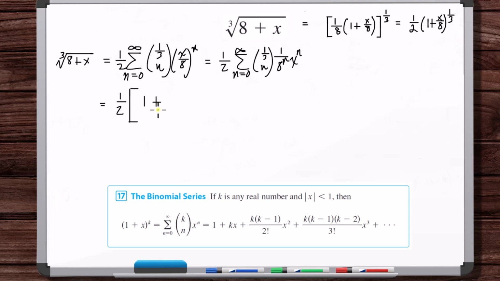Then when n is equal to 1, you've got 1/3 x.